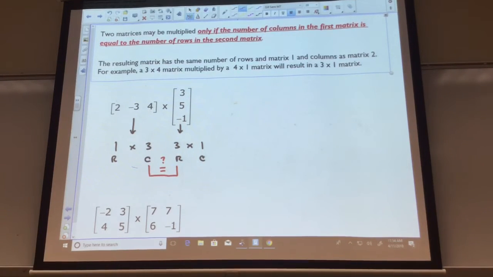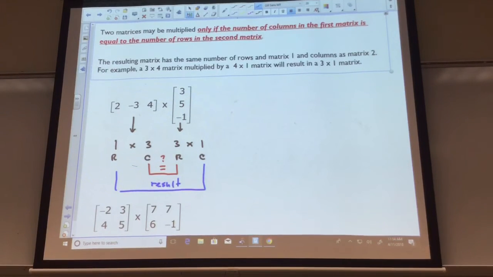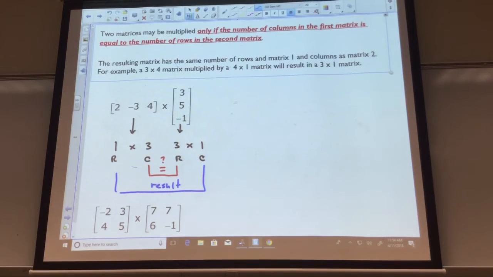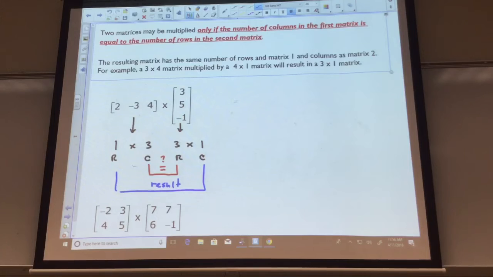But that's not the only thing you look for, because these outside numbers will tell you what the size of your result is going to be. If you multiply a 1 by 3 matrix by a 3 by 1 matrix, your result is going to be a 1 by 1. 1 row, 1 column, in other words, only one number.